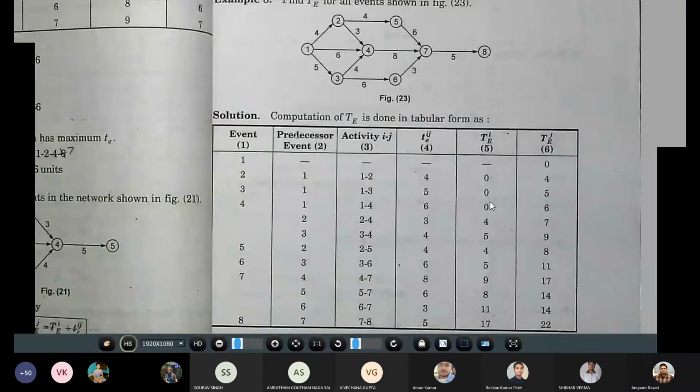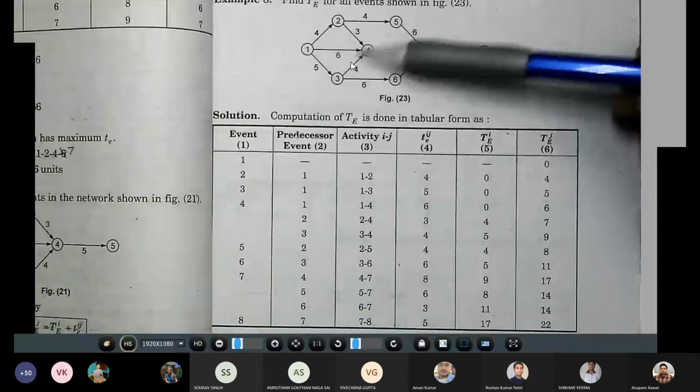For this, the TiE is 0 and TjE is 4, 5, and 6 accordingly. For event 4, the predecessors are 1, 2, and 3, so the activities are 1-4, 2-4, and 3-4.